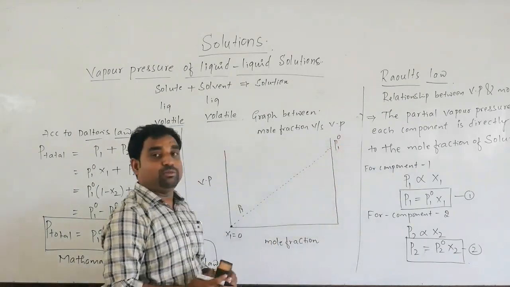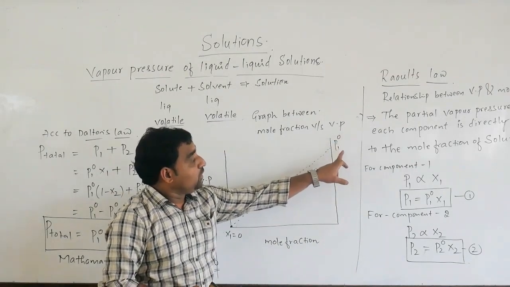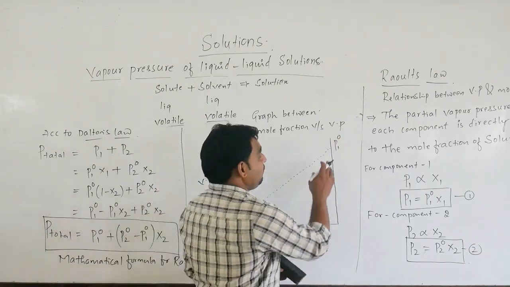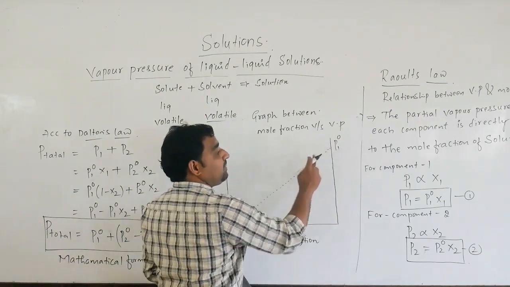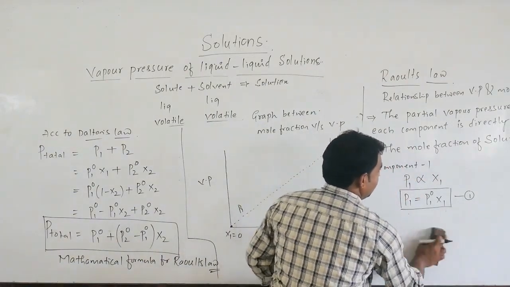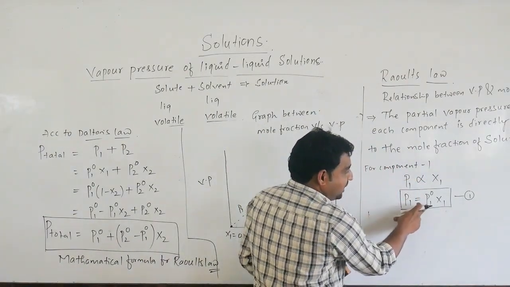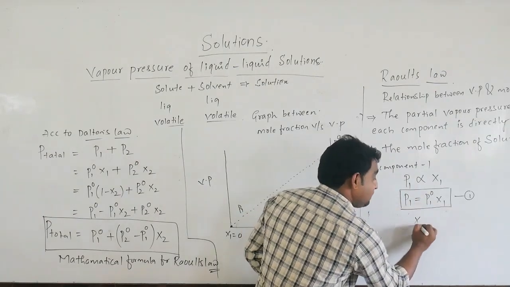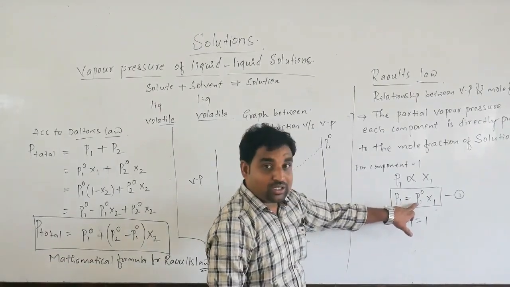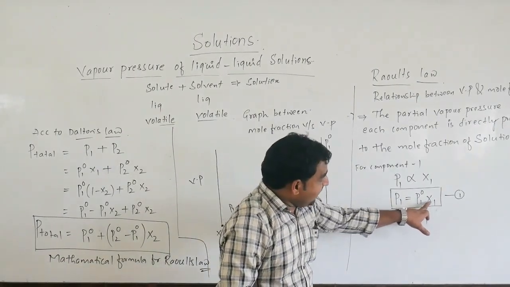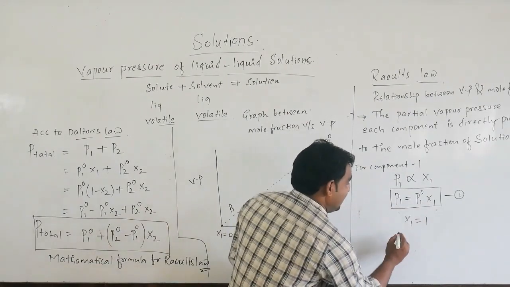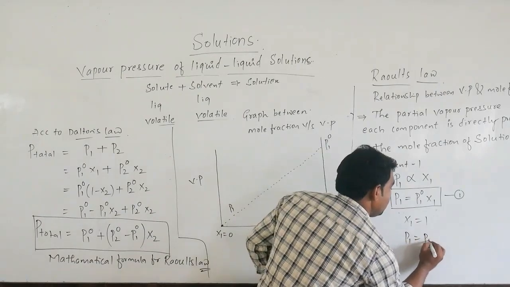When x1 is equal to 1, P1 becomes P1 naught.